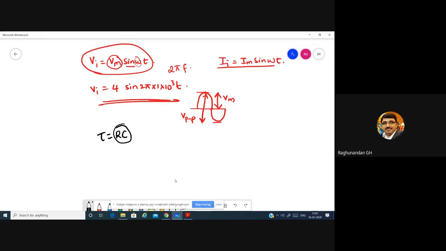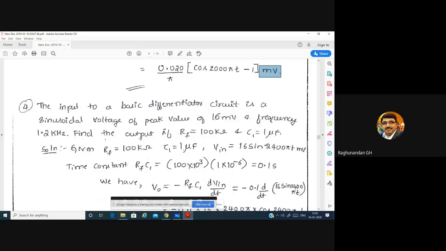The product of R and C is going to decide the time. By properly choosing R and C, we can choose the time. So here the time constant is Rf into C1. Rf is 100 kilo ohm, C1 is 1 microfarad. Multiply these two, you will get 0.1. That is the time constant.